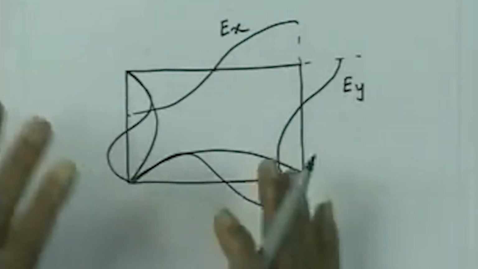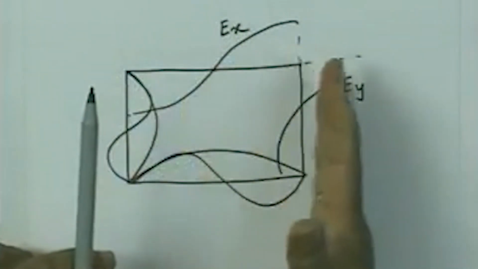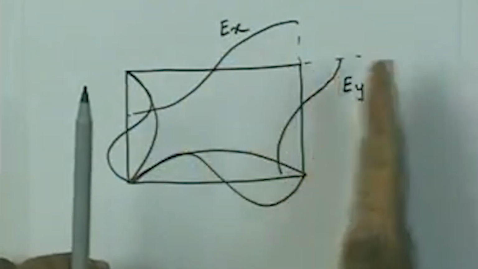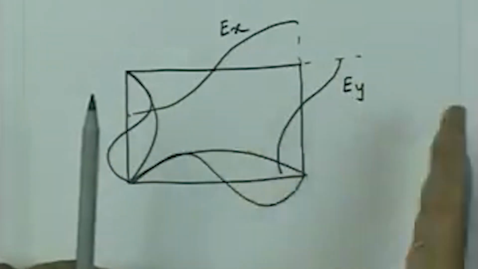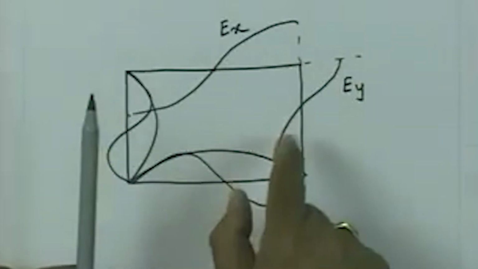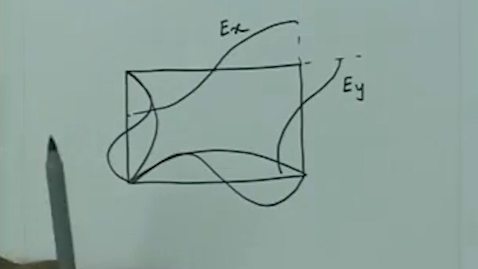So, later on we will try to visualize these fields actually inside this pipe, but at this point it appears that the components Ex, Ey, Hx, Hy, depending upon the boundary conditions, will be staggered in space in the transverse plane with respect to the longitudinal component, which is the Ez component.